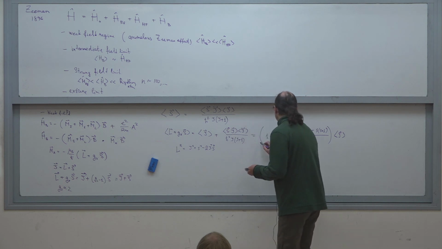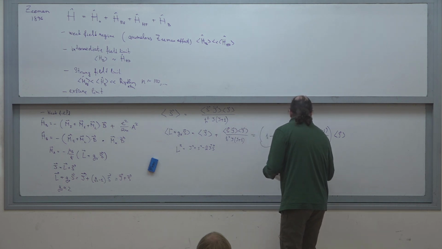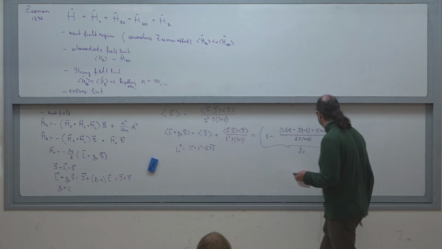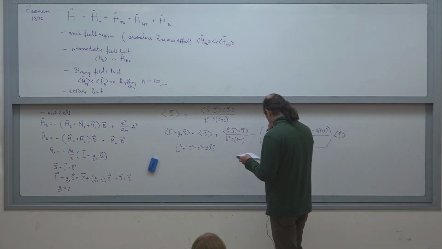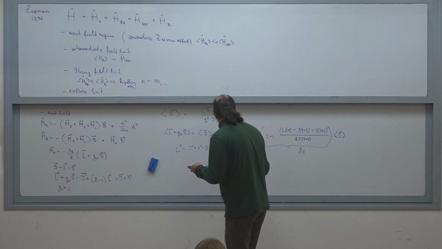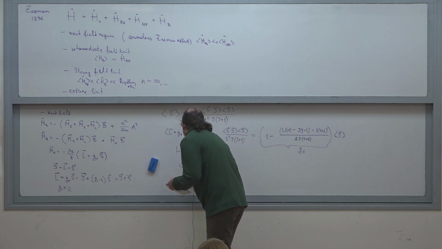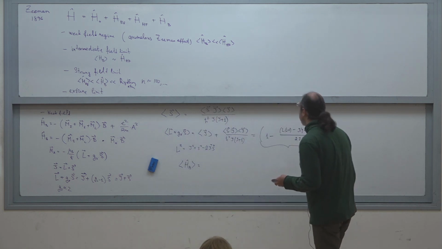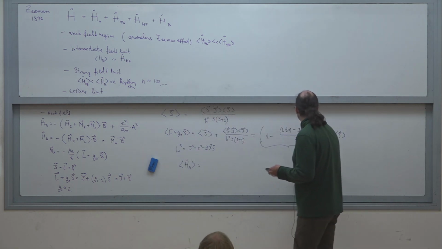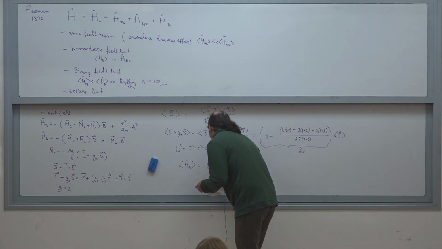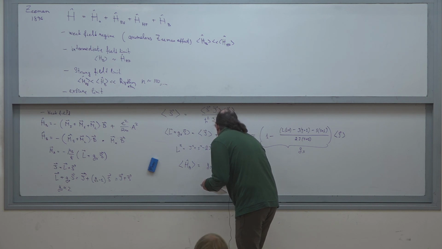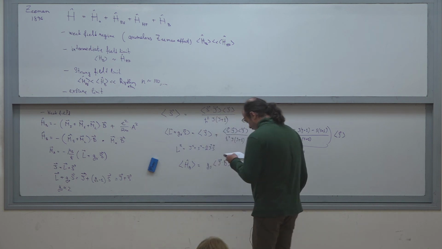So we call this guy GJ, gyromagnetic ratio of J, and then we know that the expectation value of the Hamiltonian HB is actually equal to GJ multiplied by the expectation value of J multiplied by B. Right?